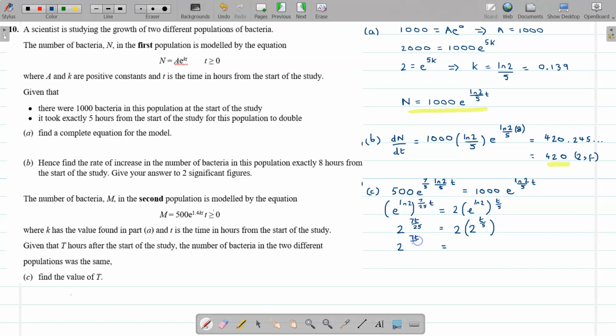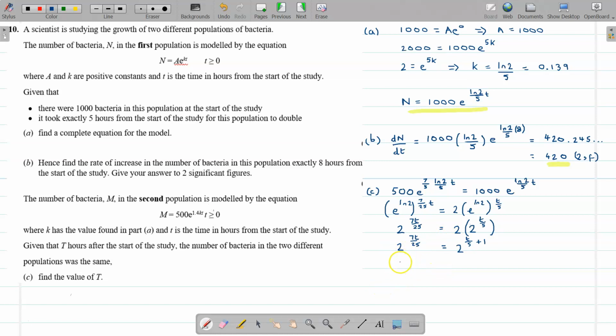So 7t over 25 is equal to 2 to the power of t over 5 plus 1, like that, using the rules of indices. And now the 2's can go, and I've just got to solve a linear equation.